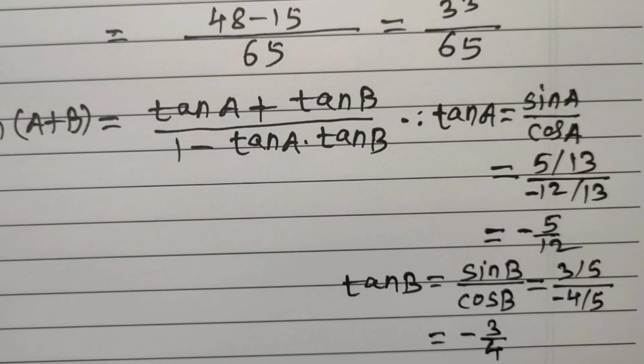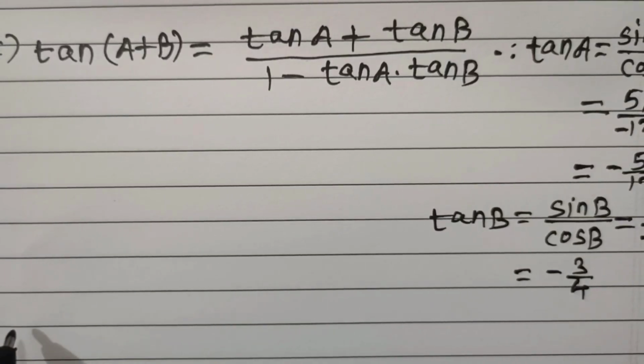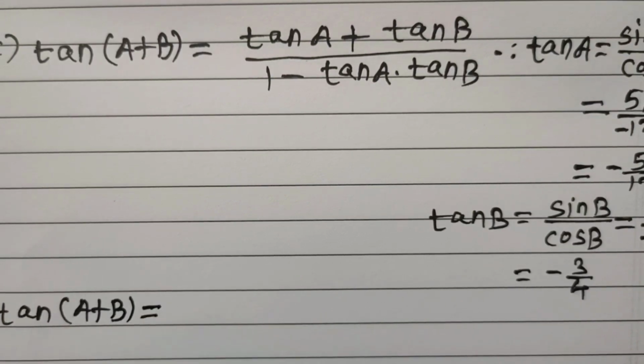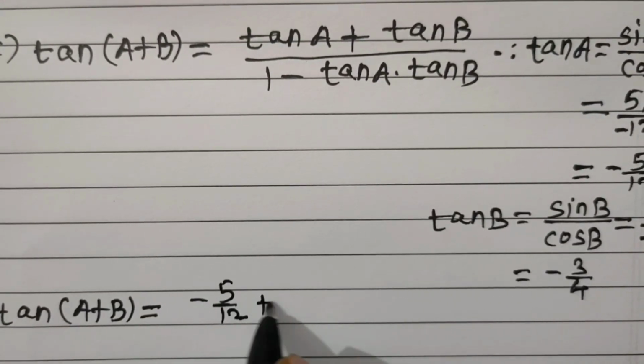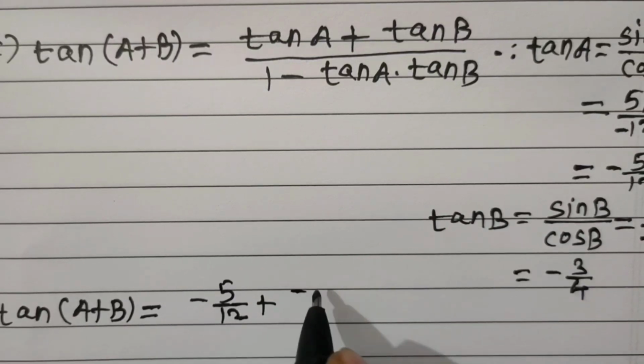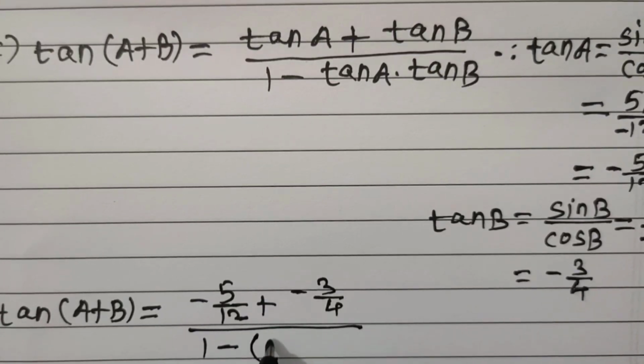Okay, now put these values on the right hand side. Hence tan of A plus B is equal to tan A, that is minus 5 upon 12, plus tan B, that is minus 3 upon 4, whole divided by 1 minus tan A into tan B, minus 5 upon 12 into minus 3 upon 4.